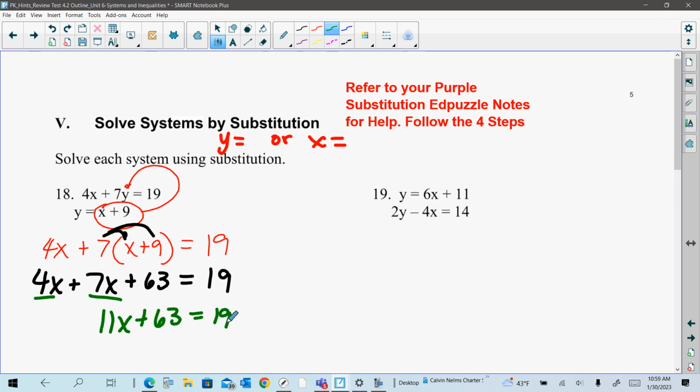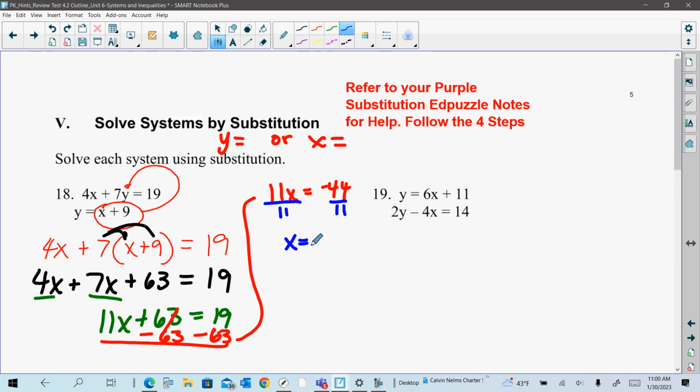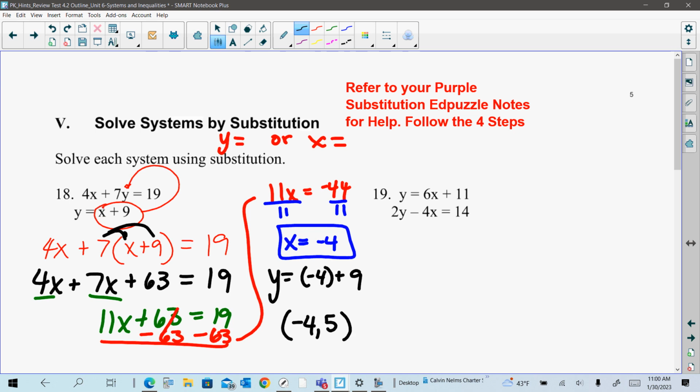When you subtract the 63, you get 11x equals negative 44. X equals negative 4. All right, but we need to substitute that back in. So your y equals parentheses negative 4 plus 9. Yep, so our ordered pair, negative 4 comma 5. Yep, that's your solution.